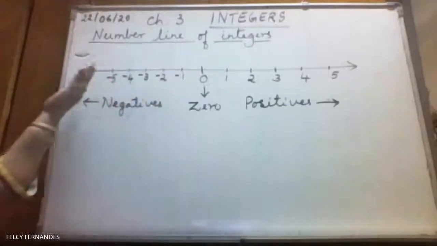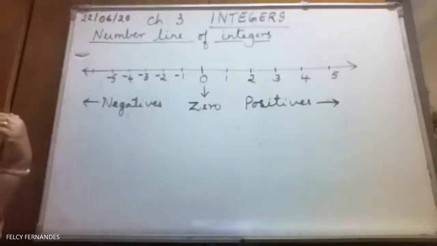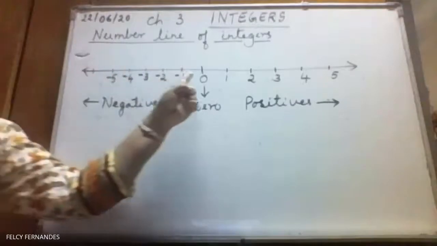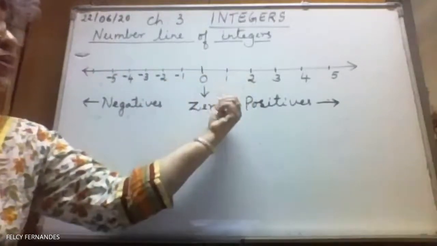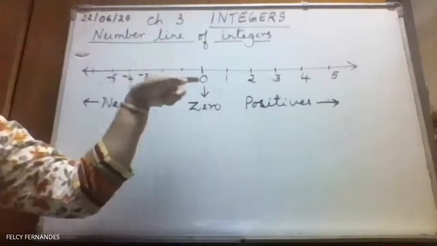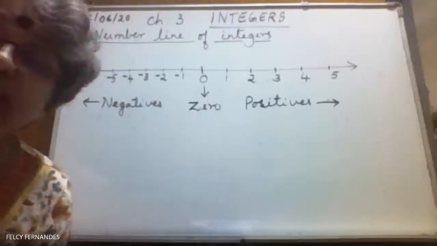Third point, negative integers are always less than 0. Now what about that 0? 0 is less than every positive integer and 0 is greater than every negative integer.